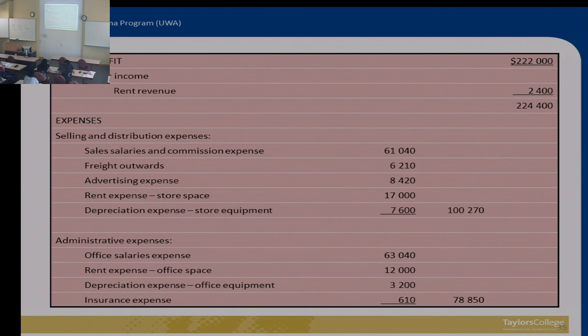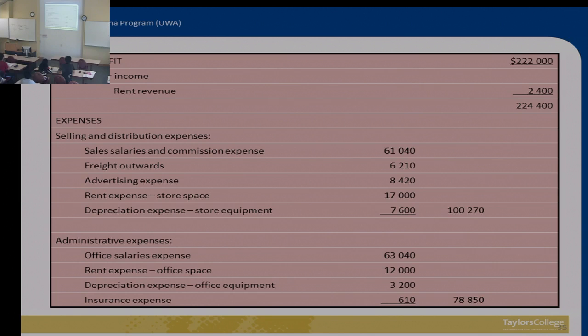Okay, things that would be an administrative expense are any salaries of your office people, so not your selling staff, but your office or administrative staff. That would become an administrative expense, and that's pretty understandable. Any rent expense that relates to the office space would be an administrative expense. Any depreciation on things in your office space would be an administrative expense.